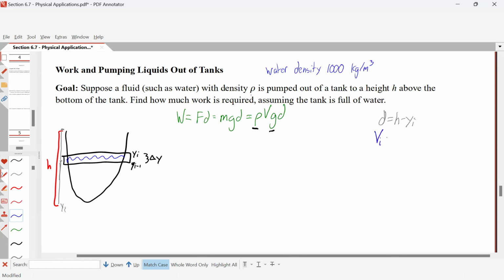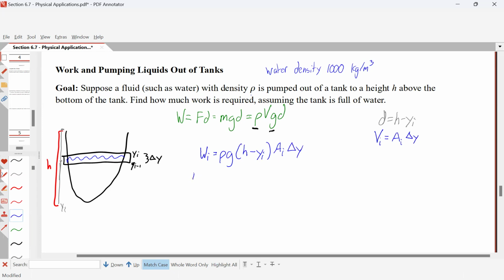So using the idea of volume by slicing, some volume is going to be the area, the surface area of that layer of water, times the height, the width of that layer of water. So for one thin little layer of water to be pumped out, we have rho times g, which are constants. The height of the tank minus yi times the area at i times delta y.